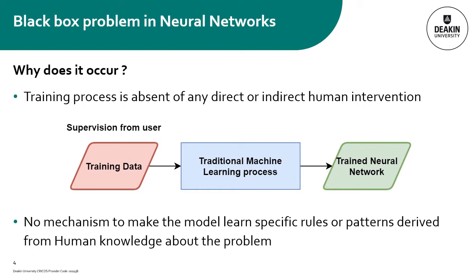As we can see from this diagram, the user just provides the training data at the beginning of the training and does not have any control over the optimization process, which yields a trained neural network. So essentially there is no mechanism to guide the model to a specific rule or specific pattern which we derive from our own expertise about the specific problem.